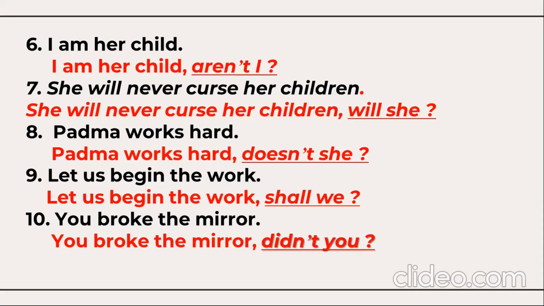If the main verb is in the past tense like break, broke, you should use did as the helping verb. If it's with s or es, you should use does. So friends, this is how I have tried to give you a glance of the question forms. We have discussed three types of questions: yes or no questions using helping verbs at the beginning, then wh questions, and the most important, question tags.